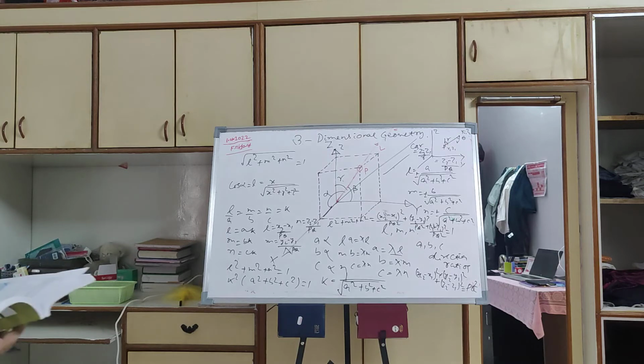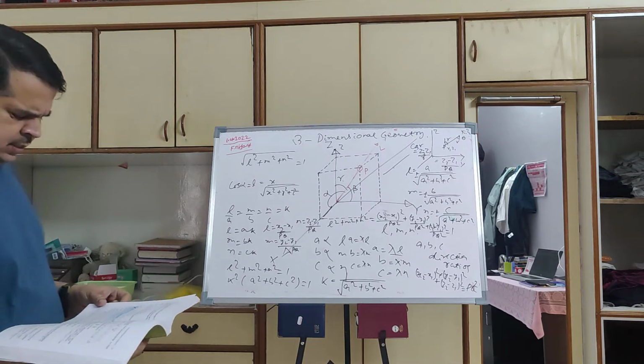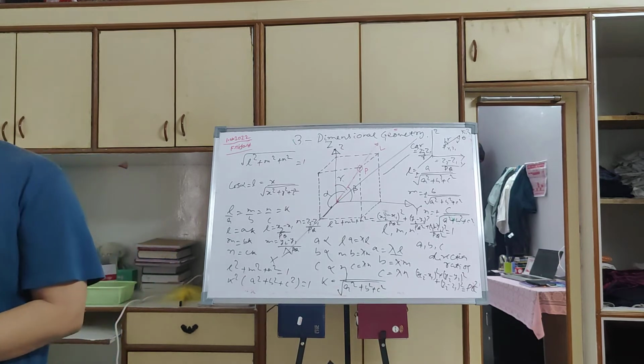If you multiply the direction ratio by the proportionality constant, you will get the actual value in that direction.